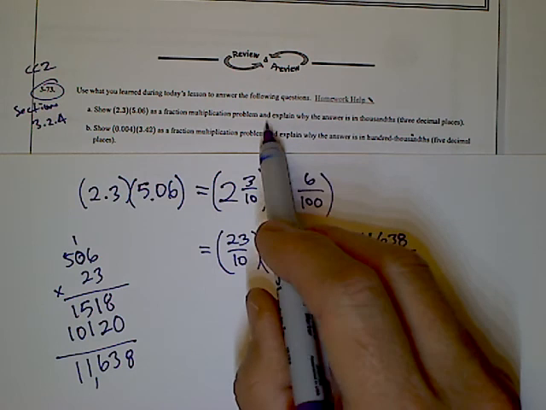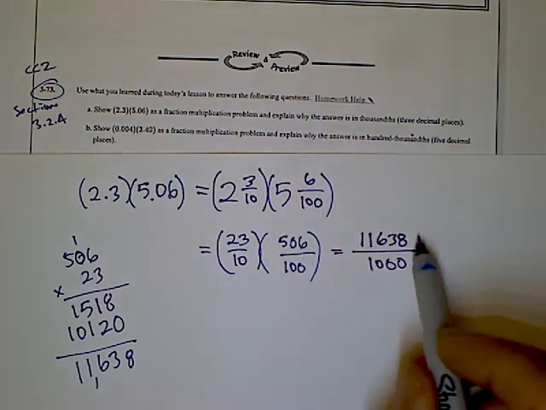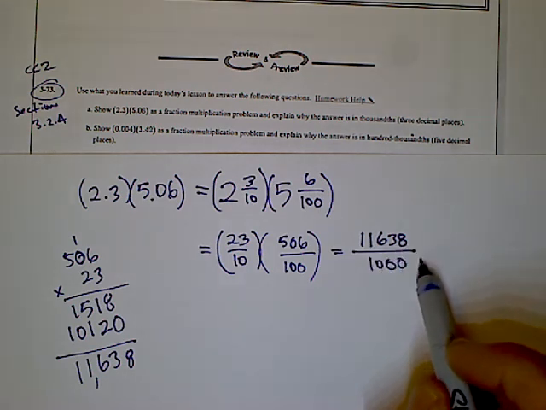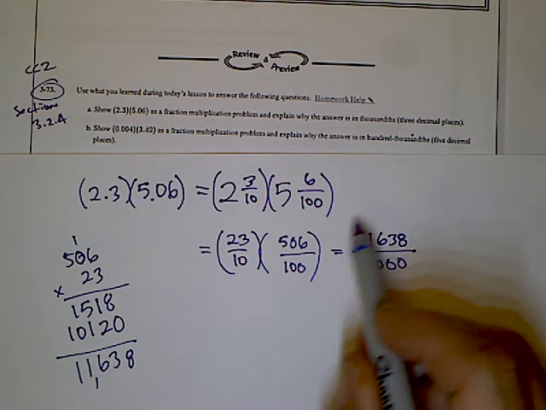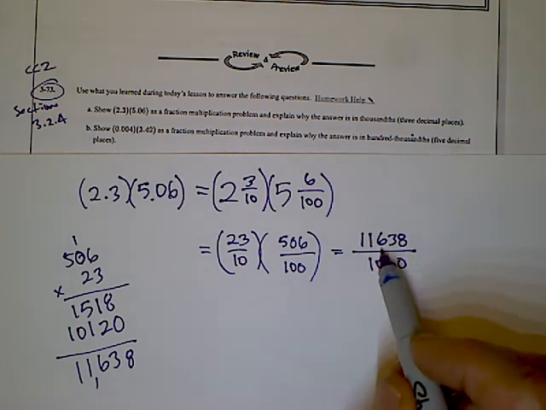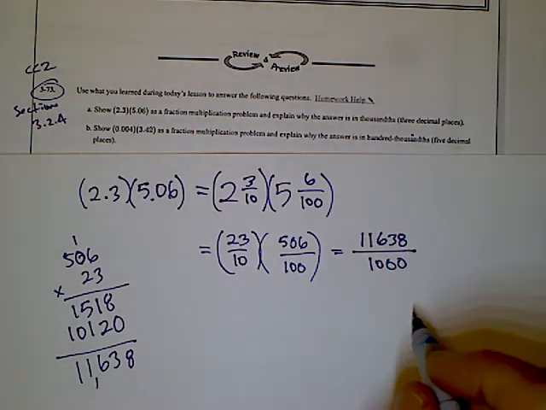Interesting, we go back up here and it says explain why the answer is in thousandths. Well, look what I have as a fraction: 11,638 over 1,000. If we read this the way it says, this is 11,638 1,000ths.